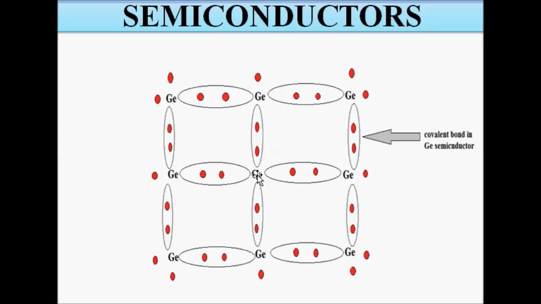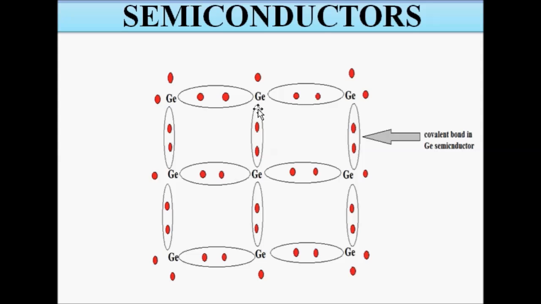Here we have taken germanium, the bond formation of a germanium semiconductor atom. So as you see here, each germanium atom contributes one electron to its neighboring germanium atom.